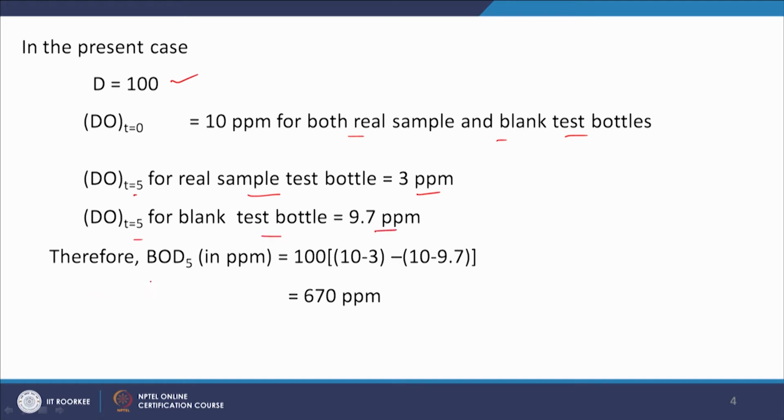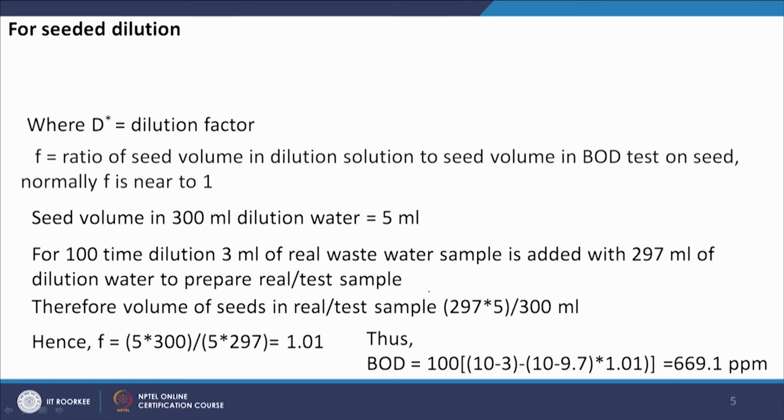So, BOD5 in ppm is equal to D into (DO at T equal to 0 for the sample minus DO at T equal to 5 for the sample) minus (DO at T equal to 0 for the blank minus DO at T equal to 5 for the blank). So, 9.7. So, this is the formula and we are getting the value of 670 ppm.